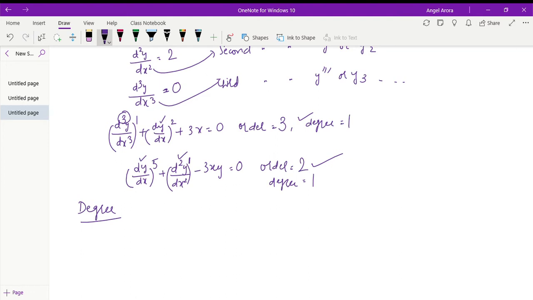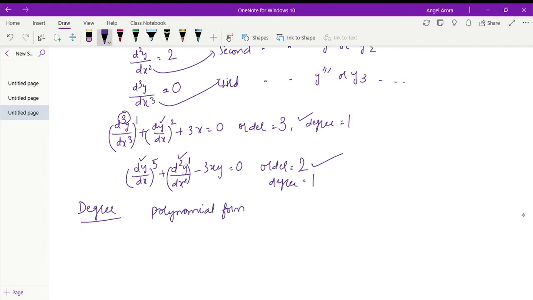But this is not so easy because there is a condition here. For the degree of a differential equation to be defined, all the terms involving derivatives must be in polynomial form. So what is polynomial form?